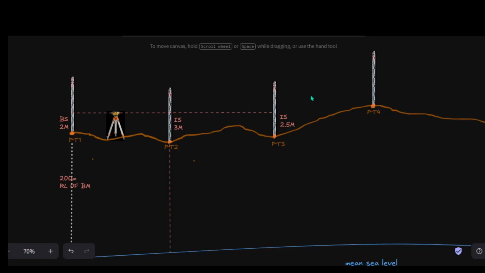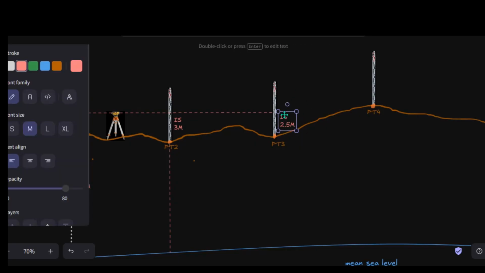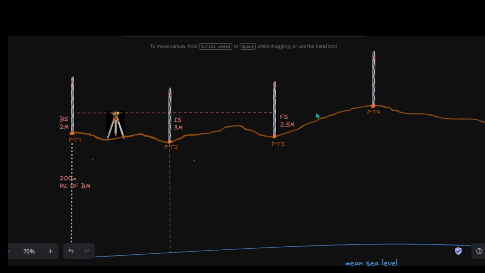We will call this last point where we just measured foresight, FS.